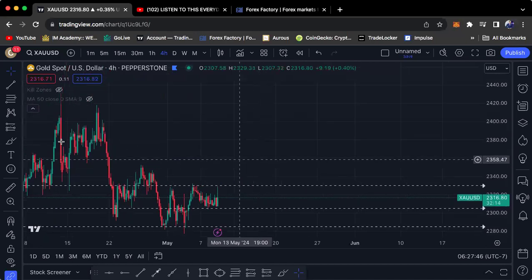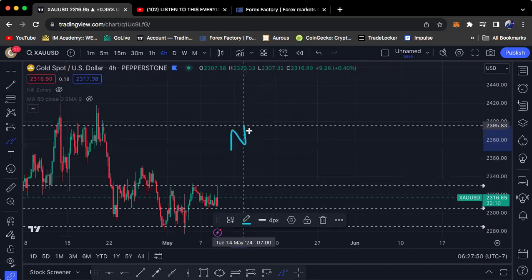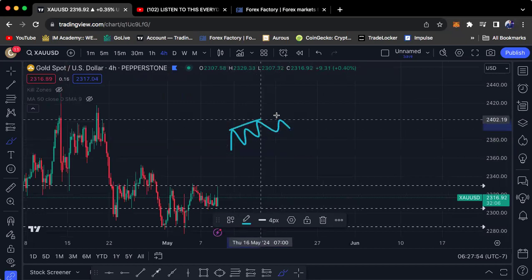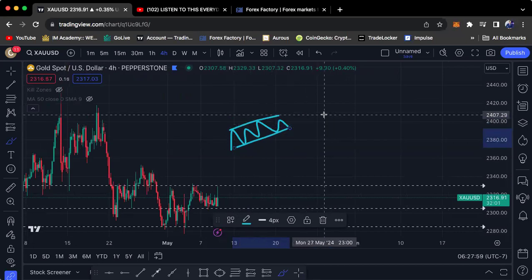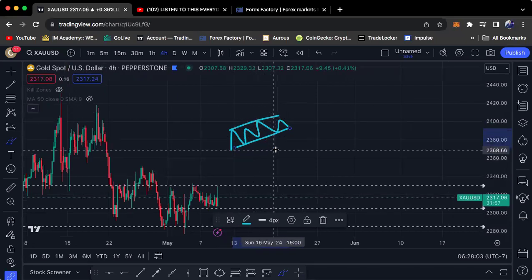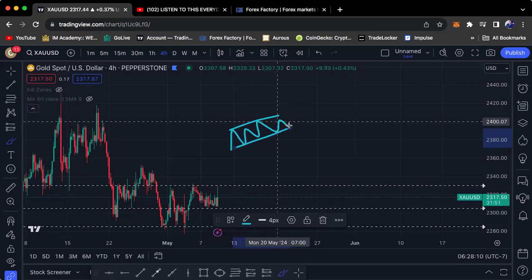Let me show you guys. This is when it's like this, right? There's ascending consolidation, right? It's not creating higher highs, higher lows, lower lows, lower highs. It's just going sideways like that, but it's ascending.